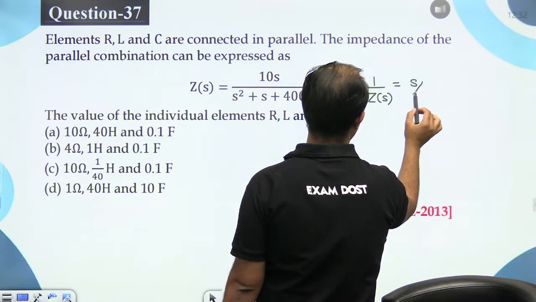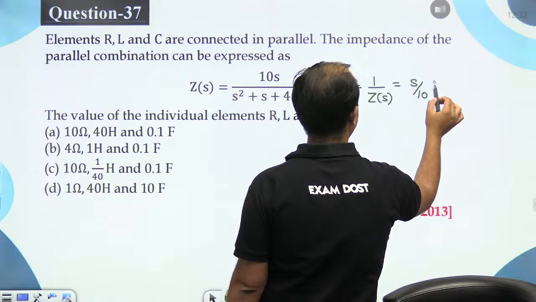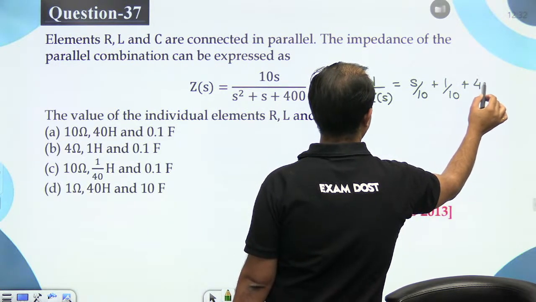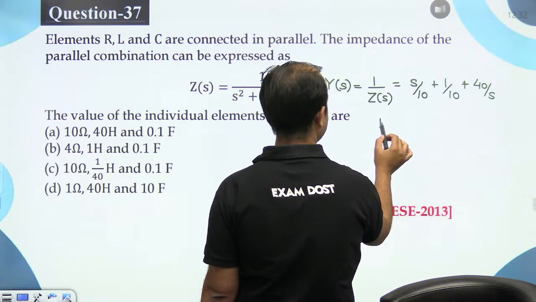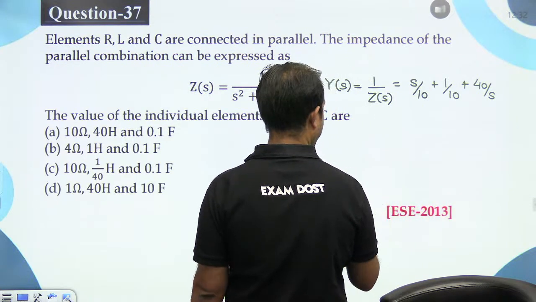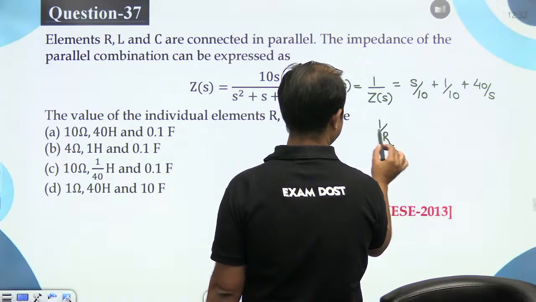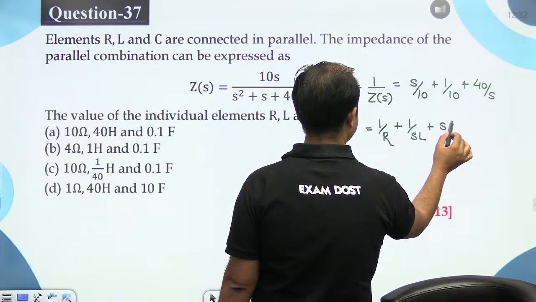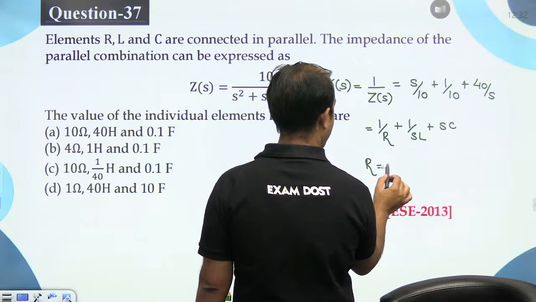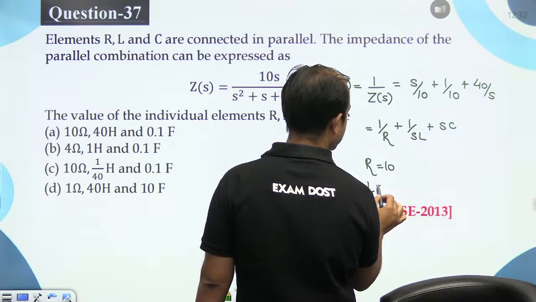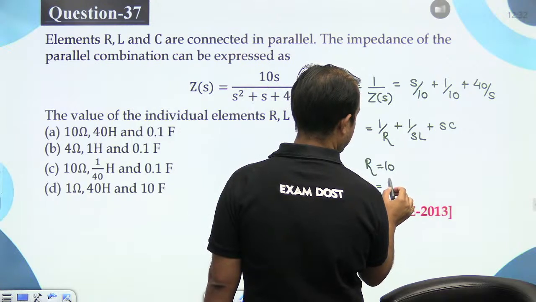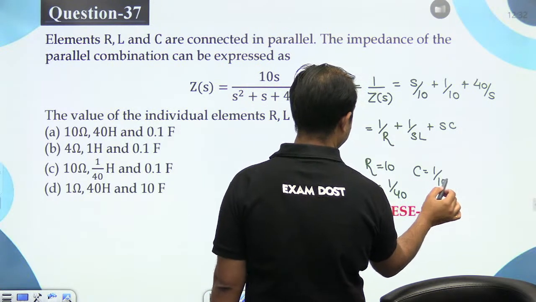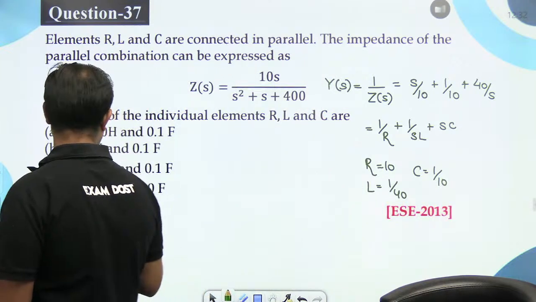So S square by 10S, S by 10, S upon 10S, 1 by 10, 400 by 10S, 40 by S. So the value will be 1 by R, 1 by SL, SC. So R equal to 10, L 1 by 40, C 1 by 10.